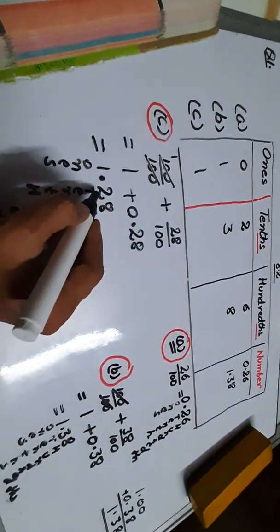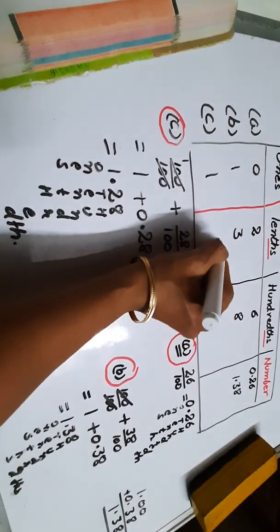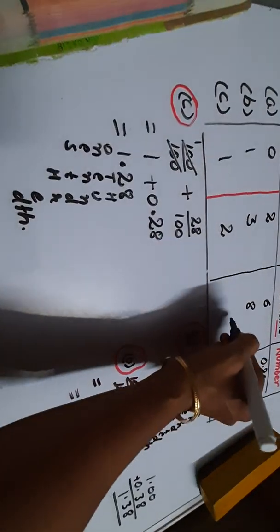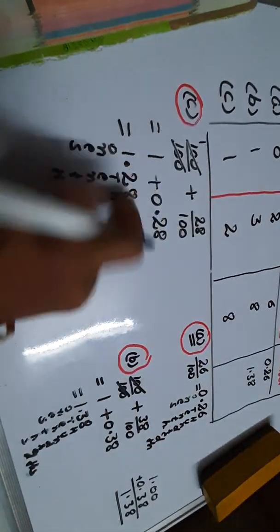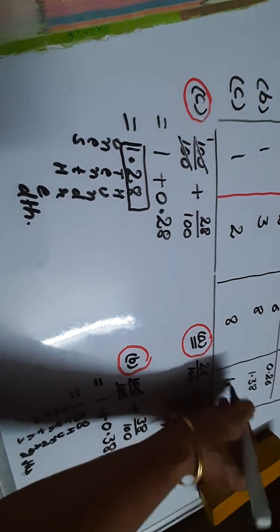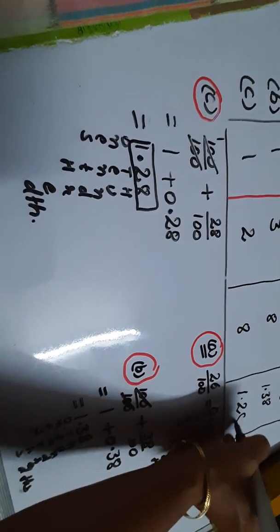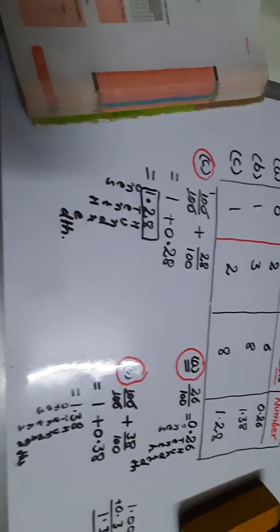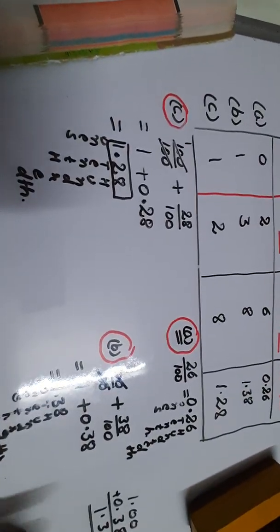For 10th place we have 2, we'll write 2, and for 100th place we have 8, so we will write 8. And what is the decimal number? We have decimal number as 1.28.